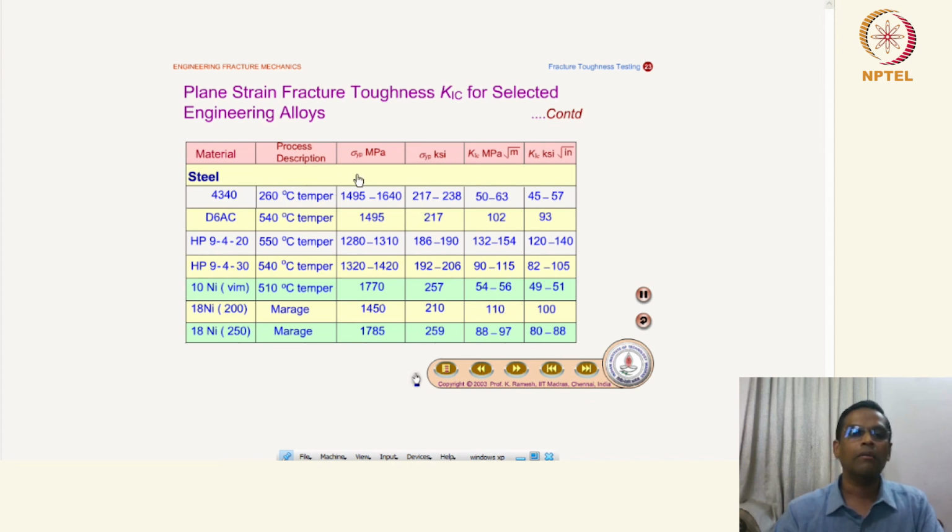This is the yield strength value, and then you have 15 to 63 MPa square root meter. You can see that other grades, very heavily alloyed steels, all have very high fracture toughness.